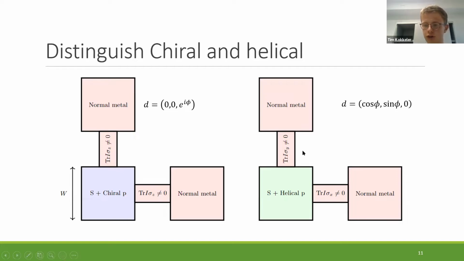However, if we now look at the vertical junction, the cosine will disappear, whereas the sine phi will still be present, which means that in this case, we have a current that's polarized in the y direction: the conductance difference for spins up and down in the y direction. So this brings an idea of how to distinguish also the S plus chiral P-wave and the S plus helical P-wave case using the spin conductance.